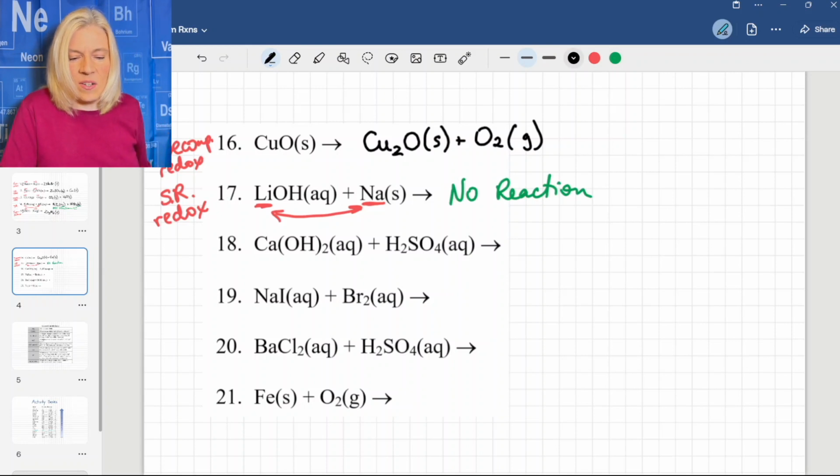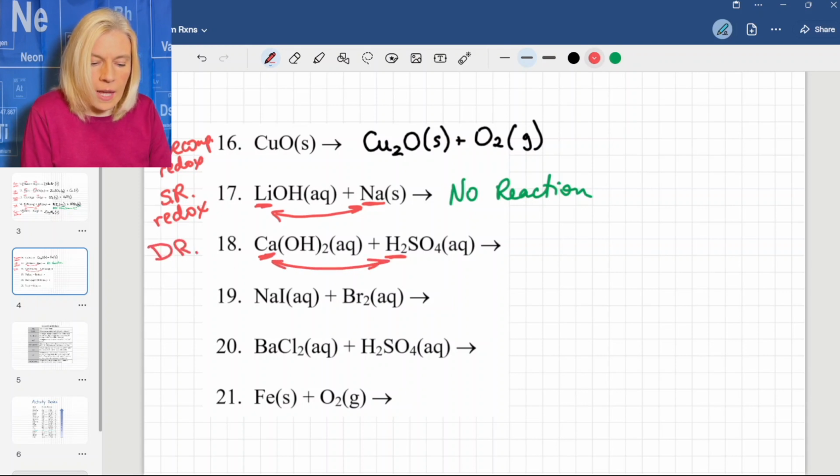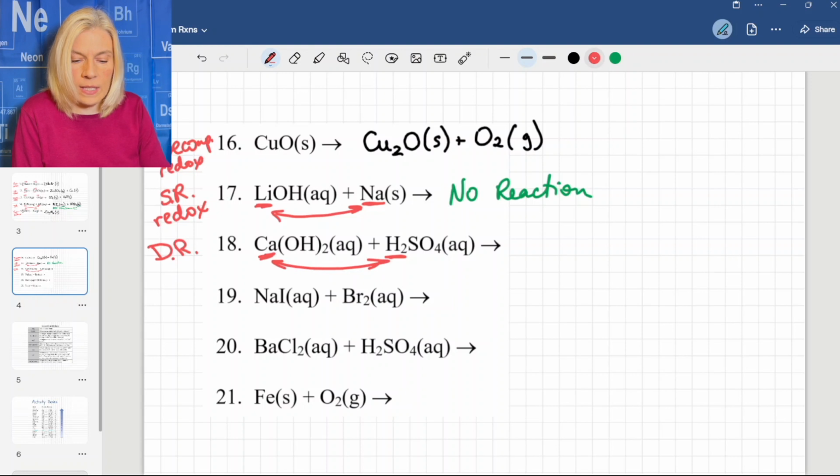Okay, let's go here. Ooh, what's going on? I have something with my acid and my base. Double replacement, acid-base reaction. So it's going to form water, right?